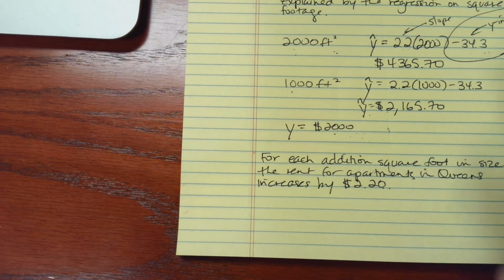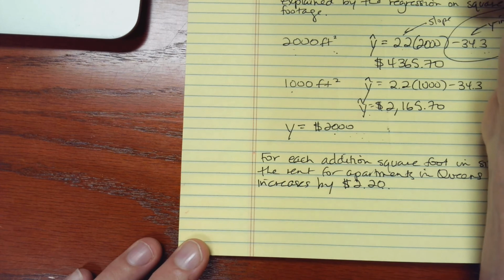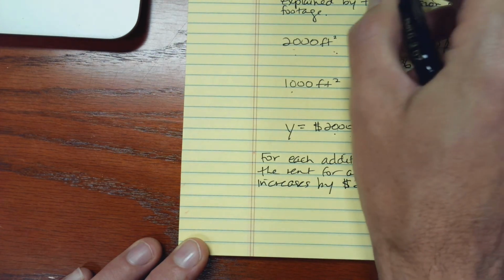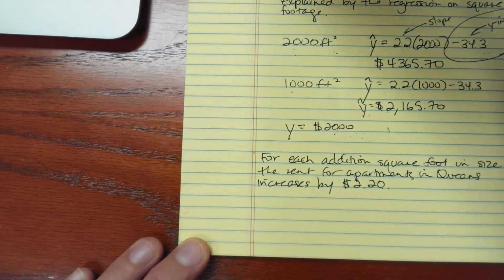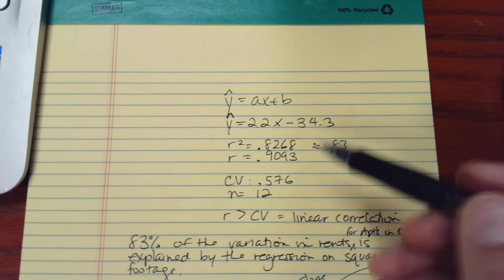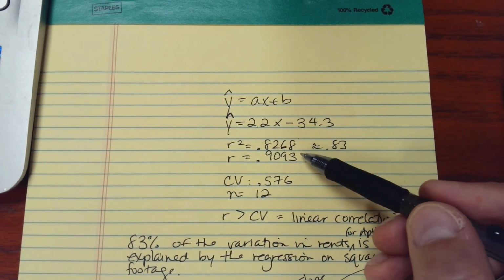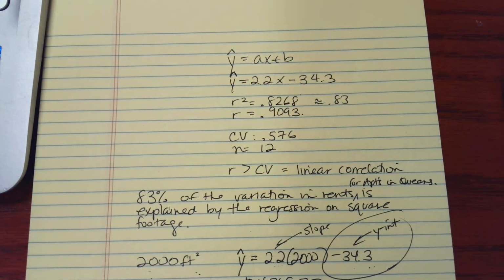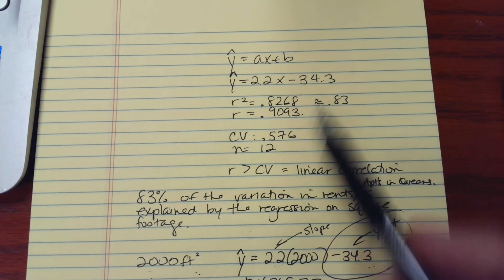So we started with a scatter plot, then we looked at the various output from our calculator. We were able to get the slope, y-intercept, the coefficient of determination, and the correlation coefficient. We could interpret each of those in context and then use the regression equation to make some predictions.